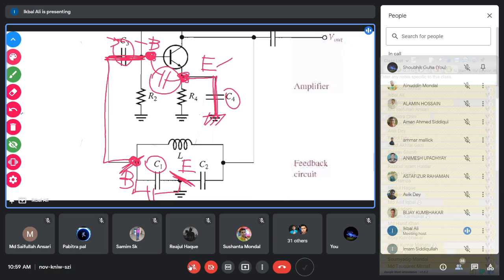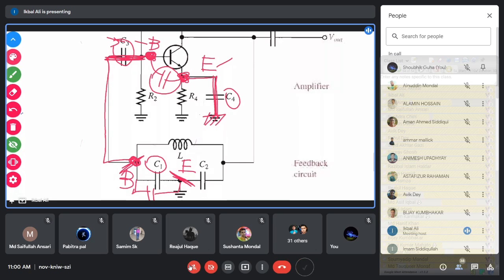If you put 0.1 microfarad in the formula, there will be error, because the actual capacitance between those two points is the parallel combination of C1 and CBE. You have not connected that CBE, but it comes due to the base-emitter junction. There is a capacitor inherent within the transistor's base-emitter.